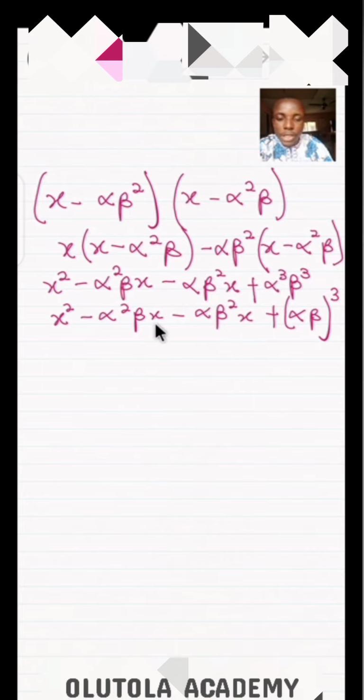I can factorize this. I will have x squared minus x, because I can see x common, alpha common, and beta common between these two. So x is common, then alpha beta is also common, into bracket alpha plus beta, because for this to be minus, this has to be plus.